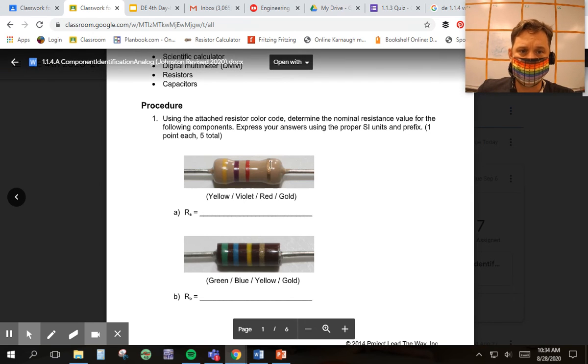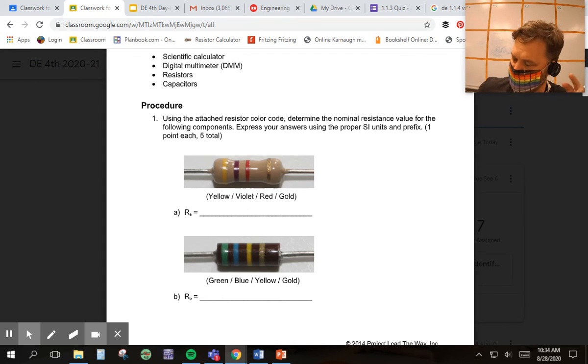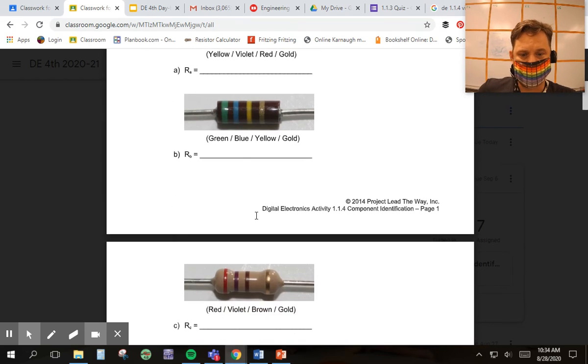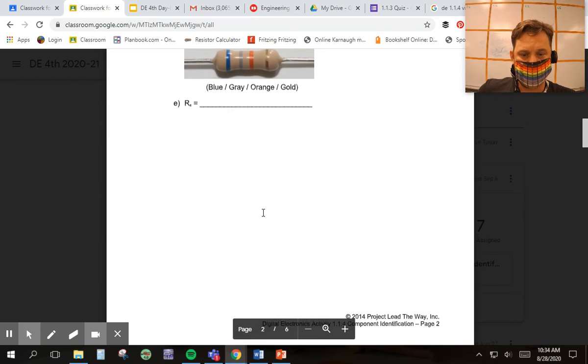When you're typing on this, you're not going to be able to type a plus and a minus together, but you can just hit plus and then hit the dash key for minus. So don't worry about trying to find that. Same thing for the ohms. If you have to put omega in there, you can just type out ohms, or if it's micro, you can just put a U. So just because I know you're going to be typing, just make sure you type in red.